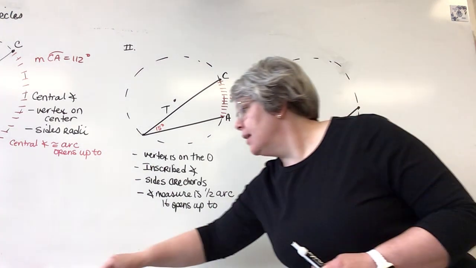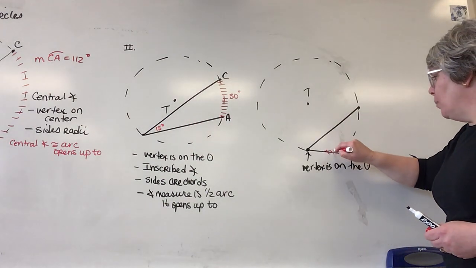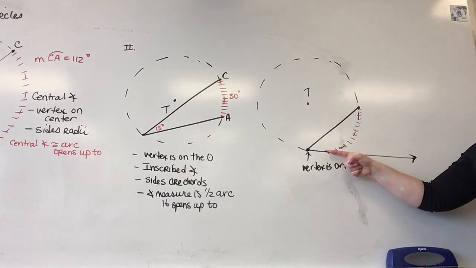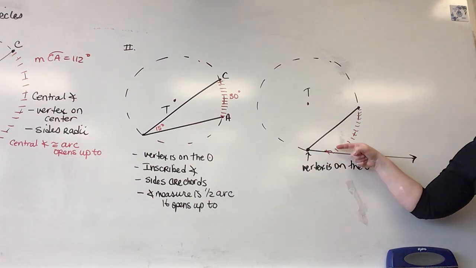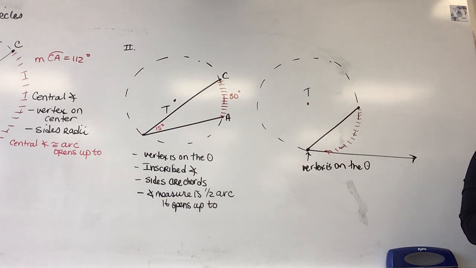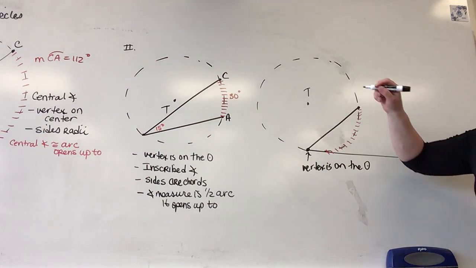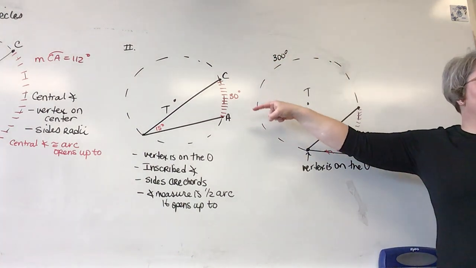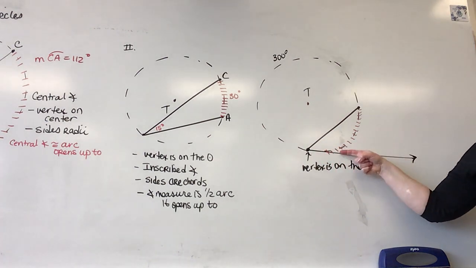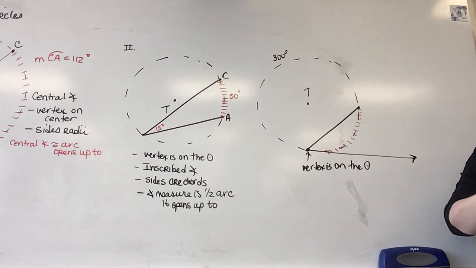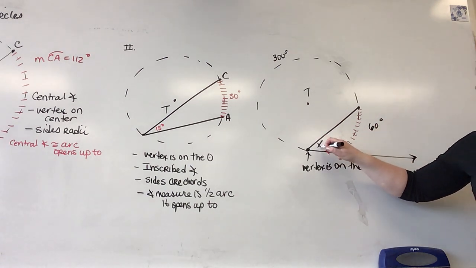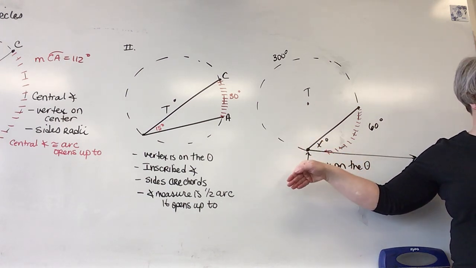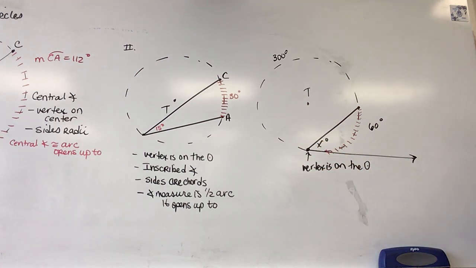So you forget that he opens up to an arc that is not as easy to see because it gets sort of tucked under there in the circle part. So for example, if the outside arc was 300, what would be this remaining arc, everybody? 60. And then if I asked you to find this angle measure, he's half of it, so the angle would be 30. Absolutely.